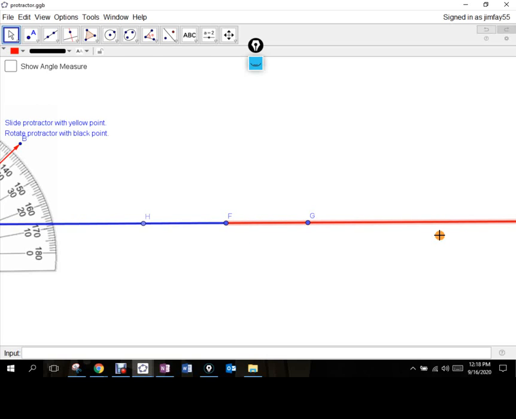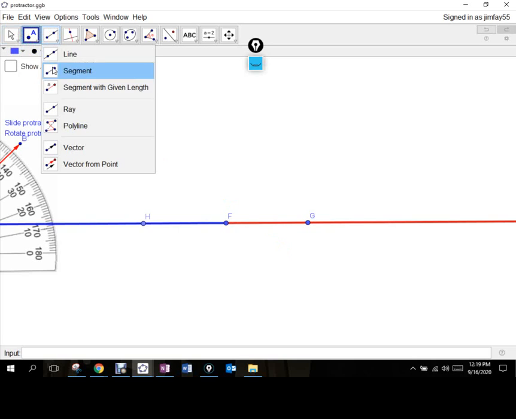Does that make sense? And then what we're going to do is create another ray.